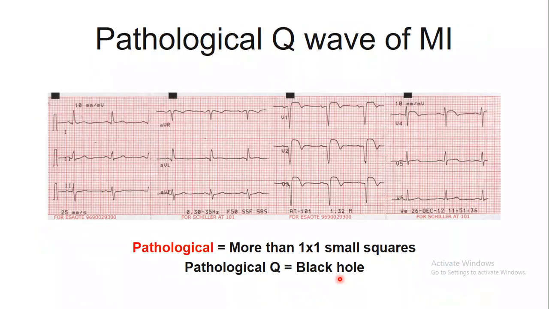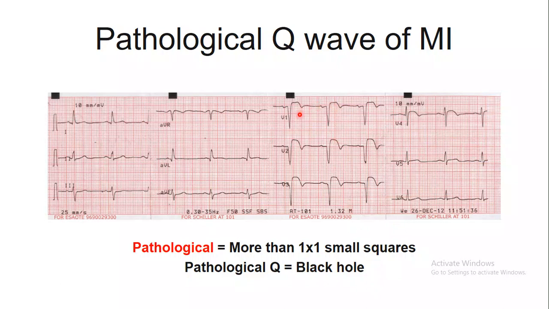The second abnormal morphology is called the Q wave or pathological Q wave. A pathological Q wave is defined by a Q wave more than 1 square in depth and duration. It denotes myocardial infarction in this area, because a pathological Q is a black hole of electrical activity at this wall.